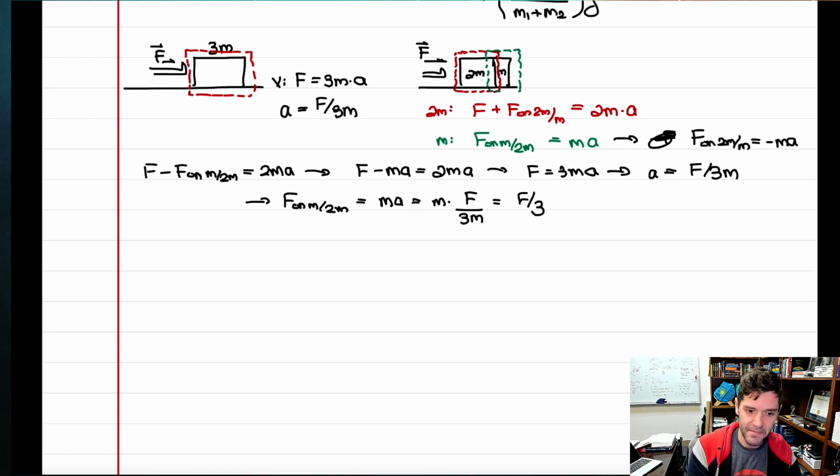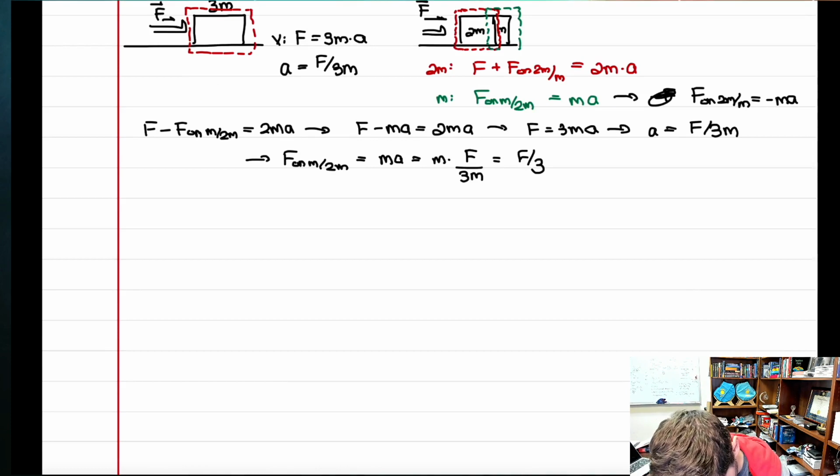But that is the same answer as on the left, where we really just cared about what's going on outside of the box. In this case, it's only the hand that's outside acting on the box. And those interactions between the parts of the box did not matter overall in determining the overall acceleration of the system.